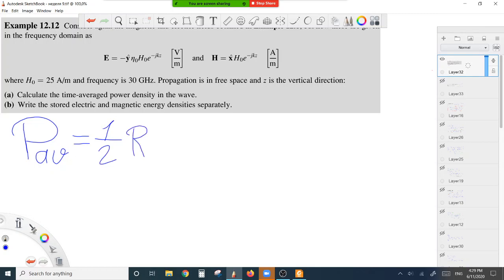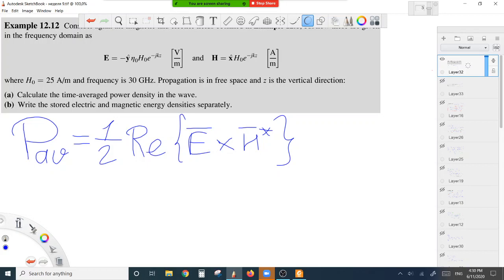problem. The 1 over 2 of real part of electric field intensity cross complex conjugate of magnetic field intensity.